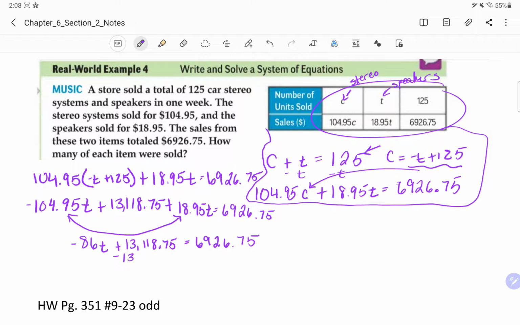Now subtract your 13,118.75 from both sides, and you get negative 86t is going to equal negative 6,192. Divide by negative 86, divide by negative 86, and you'll get that t is equal to 72.